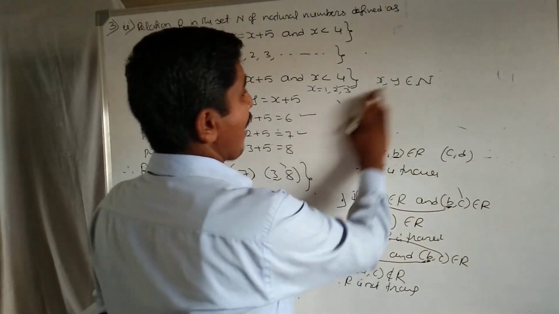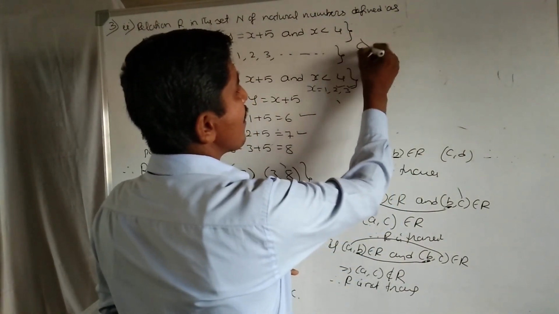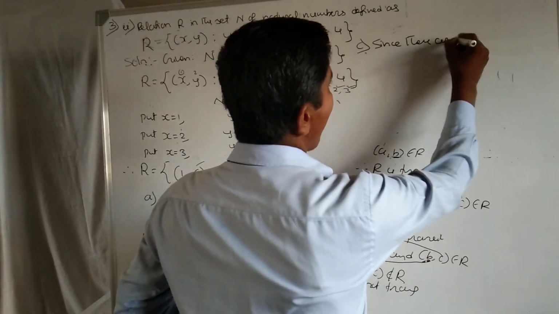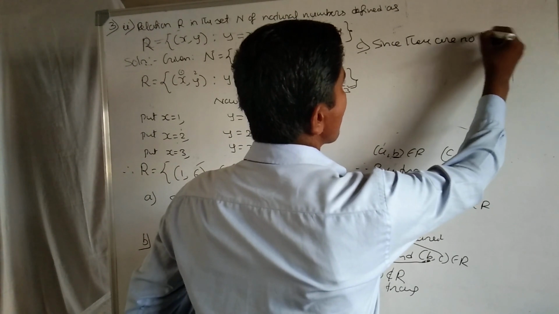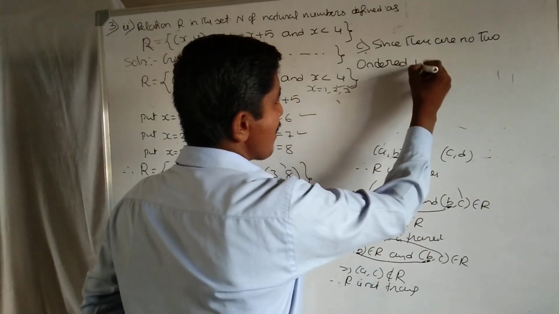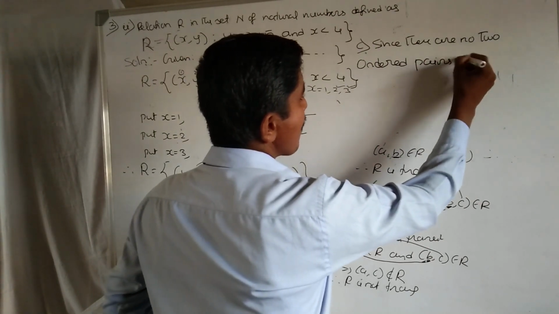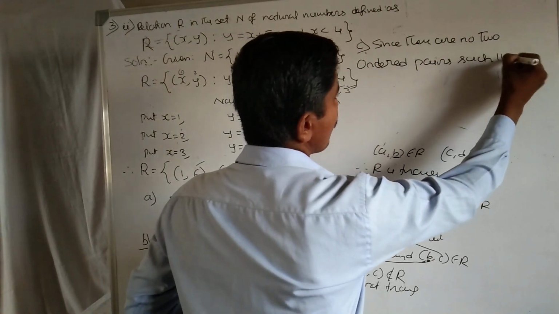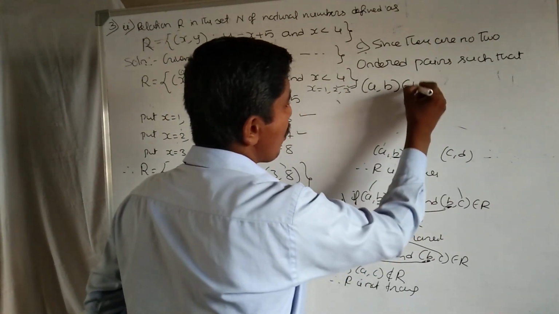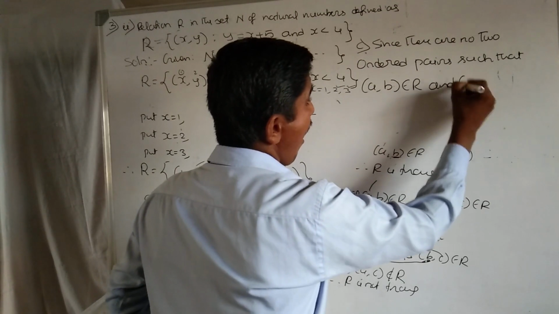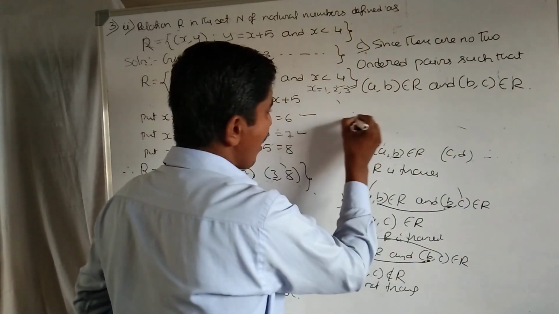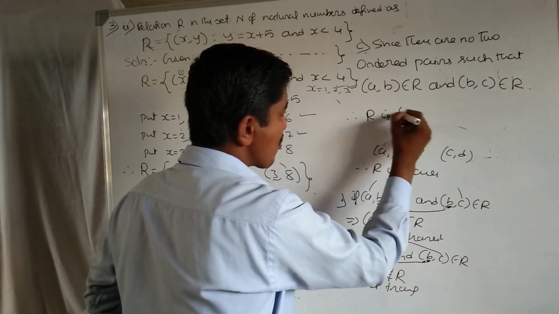Finally, we have to write like this: since there are no two ordered pairs such that (A, B) belongs to R and (B, C) belongs to R, therefore R is transitive.